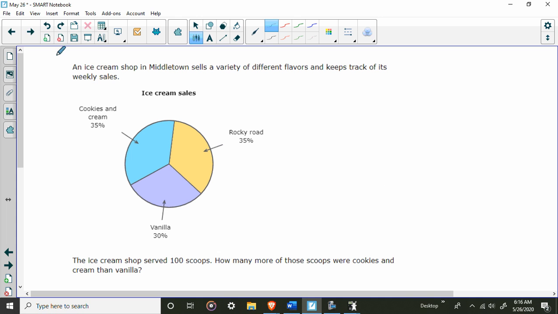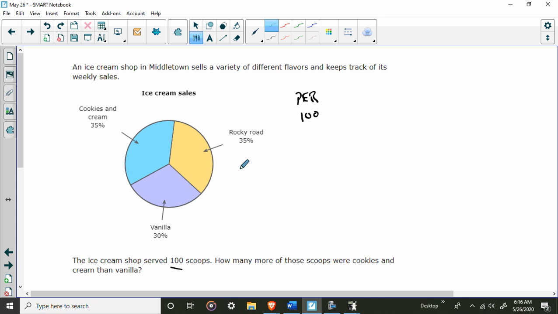Okay. So it says an ice cream shop in Middletown sells a variety of different flavors and keeps track of weekly sales. The ice cream shop served 100 scoops. How many more of these scoops were cookies and cream than vanilla? Well, when it's 100 scoops, that makes this problem inherently easy, because 35% means per 100.